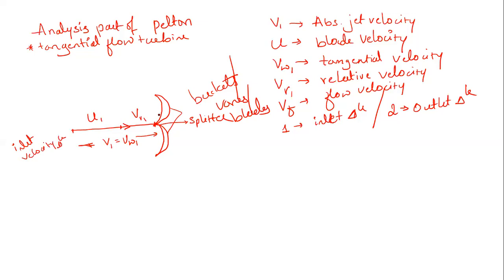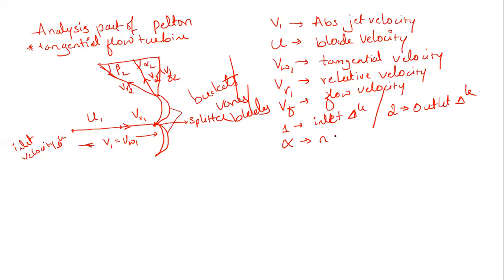Now this jet will go from here and it will hit like this. Let us say this is your V2, and this is your relative velocity VR2, and this is your flow velocity VF2. This is alpha 2 and this is beta. Here I have to represent what alpha is.